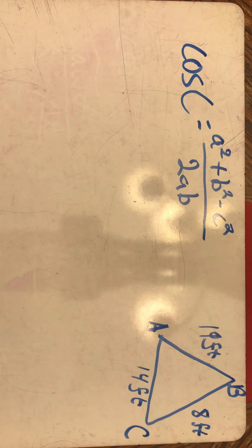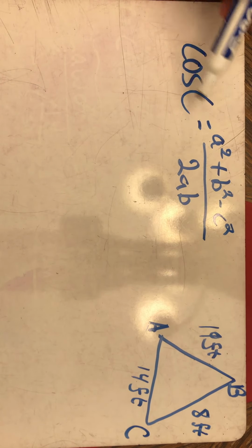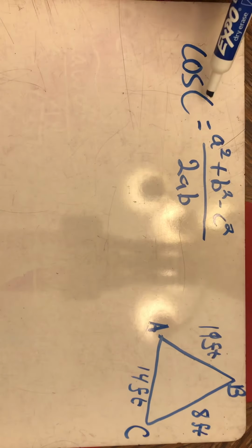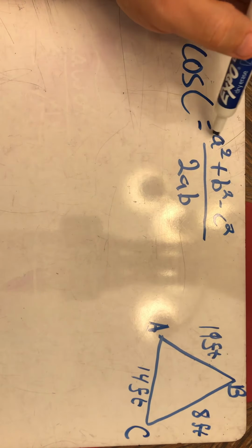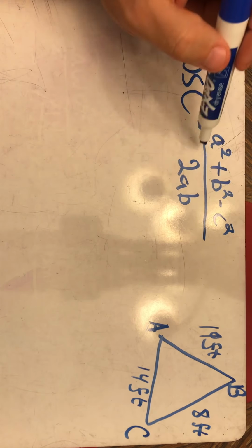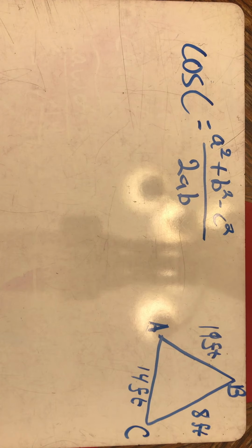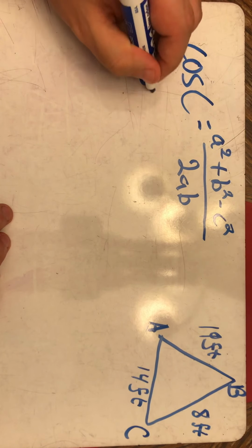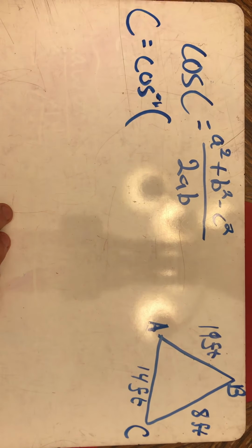I'm going to use the formula for finding the cosine of C first because the information I'm given is all about the sides, so I want to find angle C. I'm going to use A squared plus B squared minus C squared all divided by 2AB. Since I'm trying to find the angle, we have to take the inverse cosine of all this.